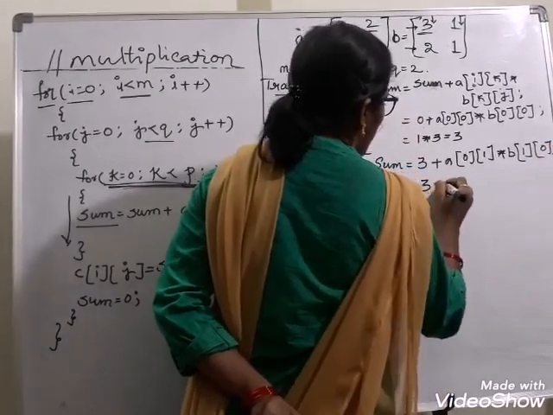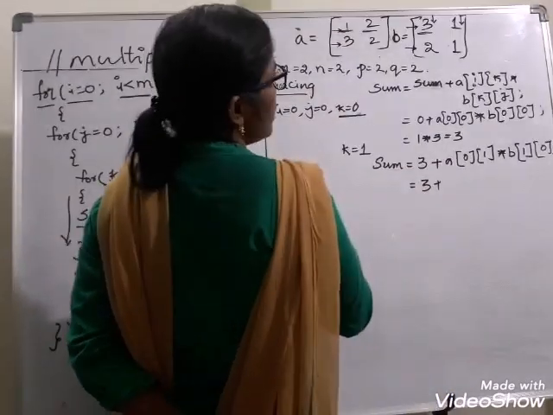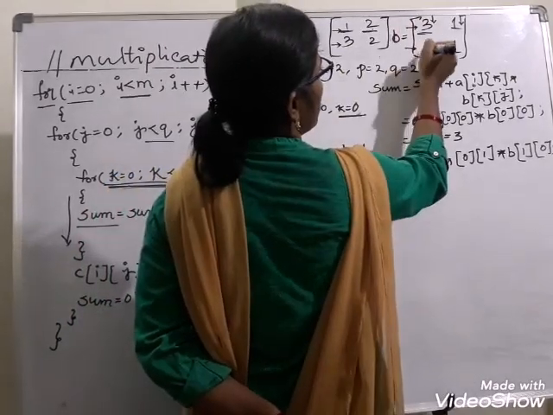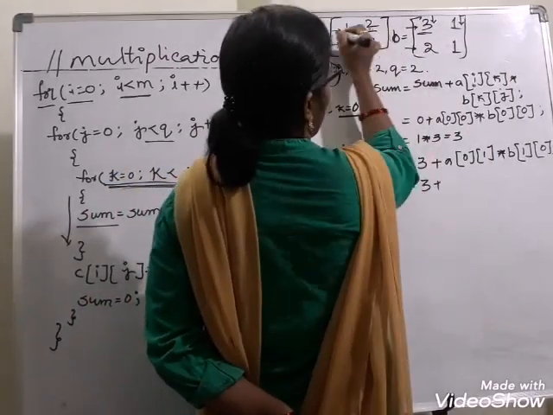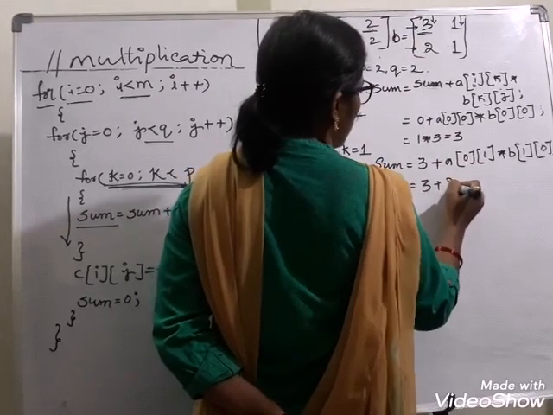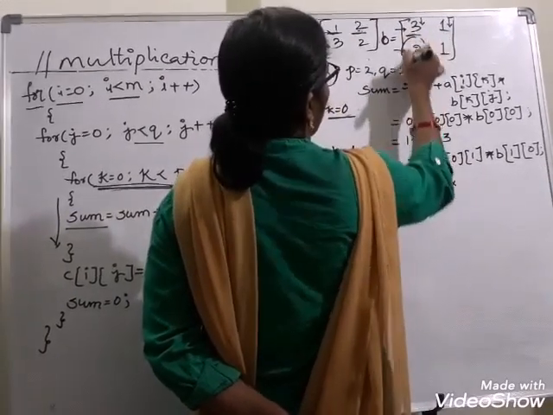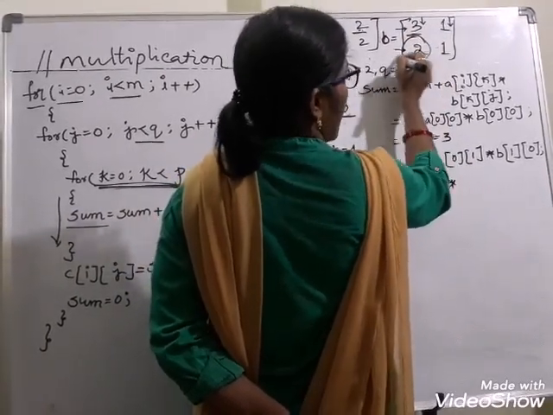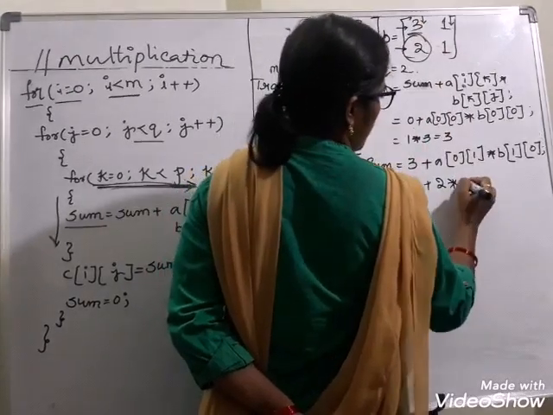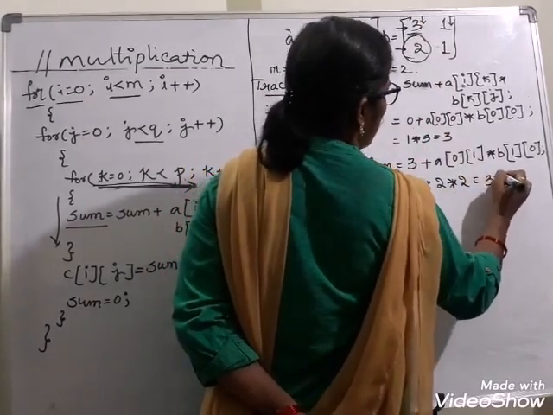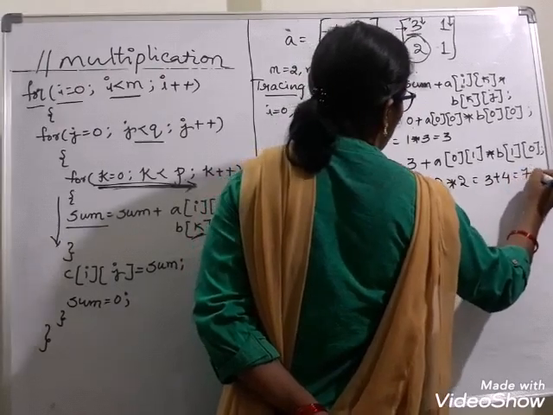So 3 plus 2 into 2, a[0][1] and b[1][0]. 2 into 2 is 4. So 3 plus 4, which is equivalent to 7.